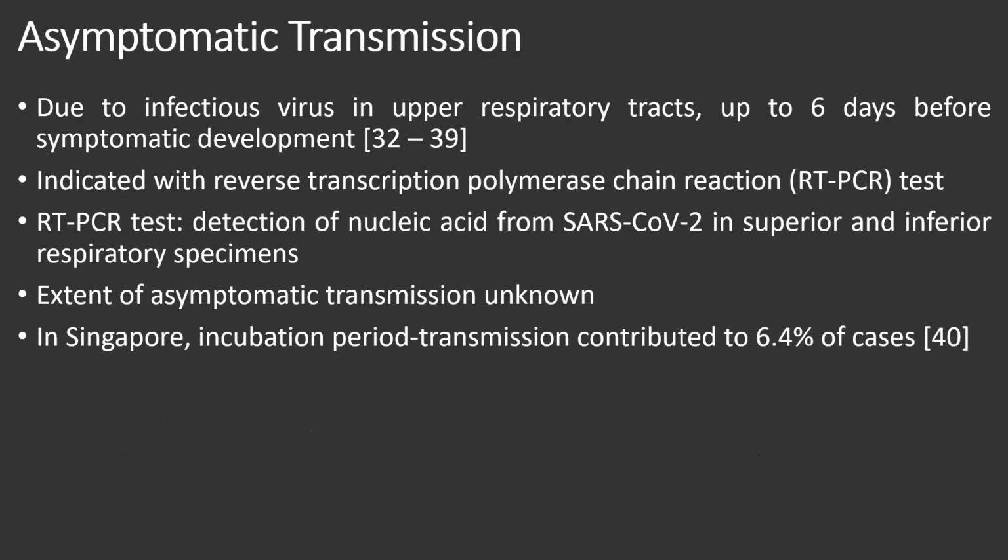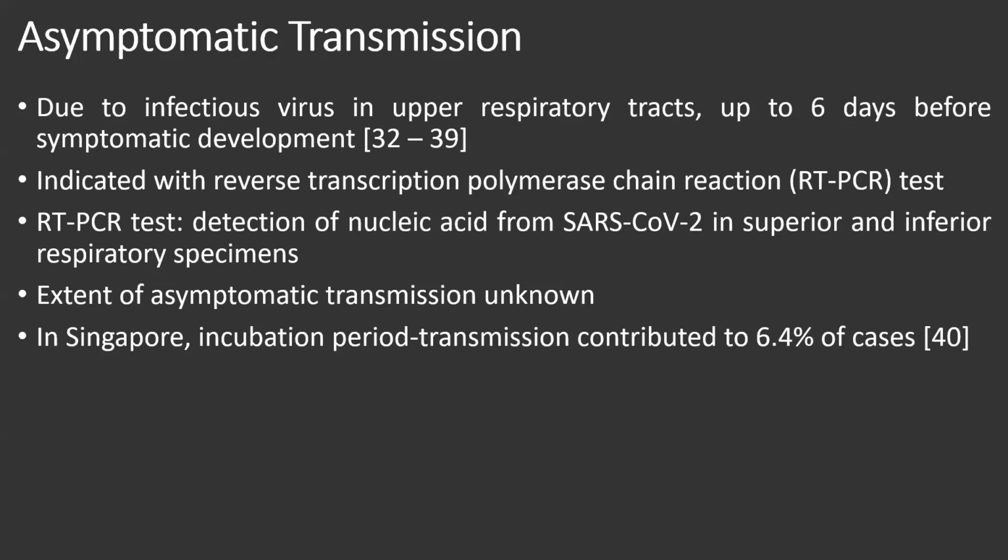So there has been some documented data on the transmission of SARS-CoV-2 from asymptomatic individuals, or individuals without any symptoms, or individuals within the incubation period. From a study of a SARS-CoV-2 outbreak in a long-term care facility, the biologic basis for this is a result of infectious virus that was cultured using this test called reverse transcription polymerase chain reaction, or RT-PCR.